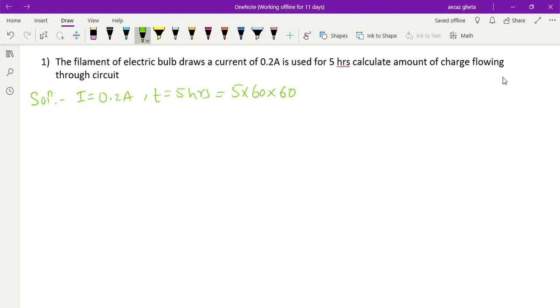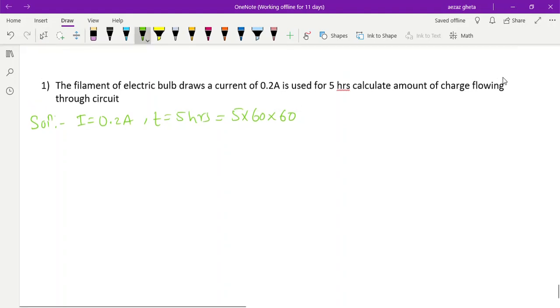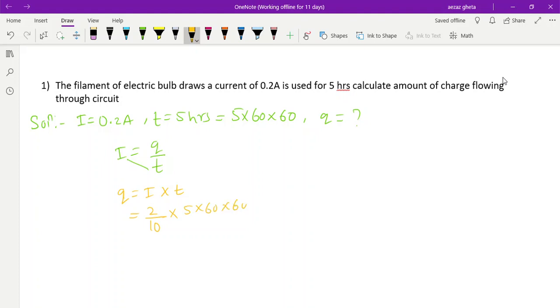So what we should find is, calculate the amount of charge flowing through the circuit. We should find Q is equal to question mark. You know the formula, I is equal to Q divided by T. Am I right? So you need to find Q, so if you cross multiply, you will get Q is equal to I into T. I is 0.2, we can write as 2 by 10, and time is 5 into 60 into 60.